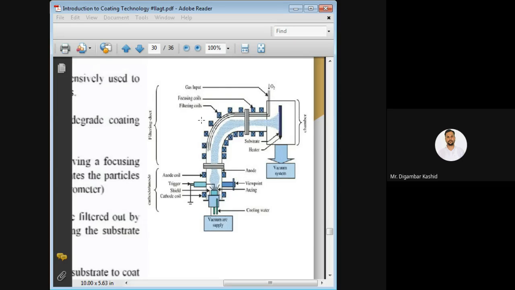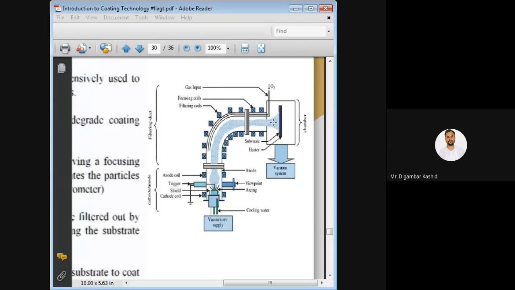And then the unwanted micro particles, that means the large particles and the neutral atoms, are filtered out by the mechanical filter also. What reaches the substrate in the coating space are pure ions. Whatever we are getting here are the pure ions.